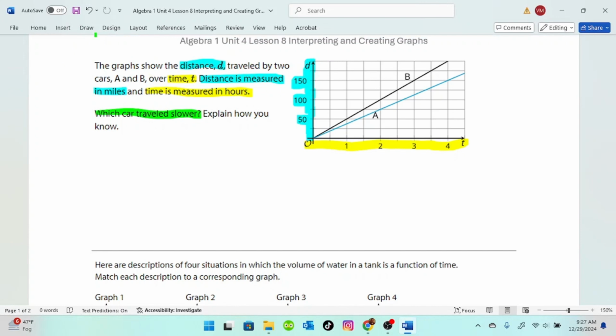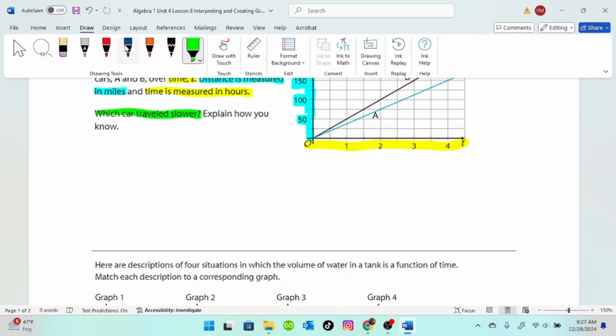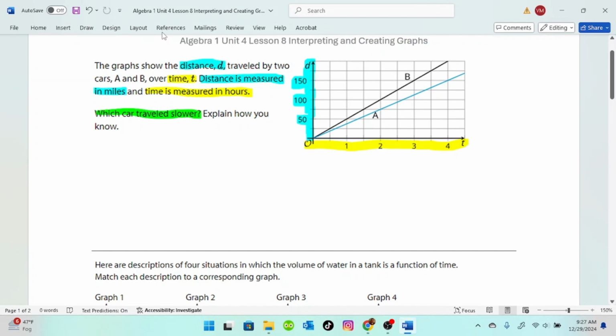So in order to know which car traveled slower, what we're looking for is that rate of change or the slope. So what I'm going to do is pick a point on each line where they have gone the same amount of time, and I'm going to compare their slopes.